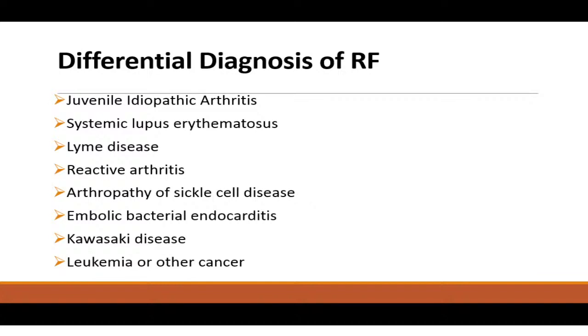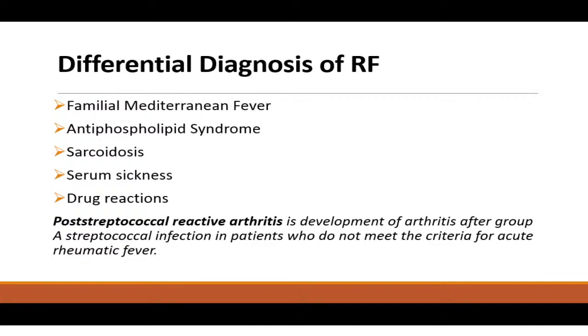Sometimes we need to differentiate it from systemic lupus erythematosus, Lyme disease, reactive arthritis, arthropathy in sickle cell disease, embolic bacterial endocarditis, Kawasaki disease, leukemia, and other cancers. Sometimes we should differentiate from familial Mediterranean fever, antiphospholipid syndrome, sarcoidosis, serum sickness, and some drug reactions.